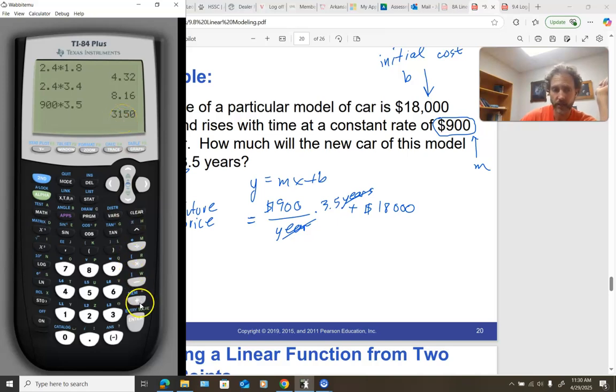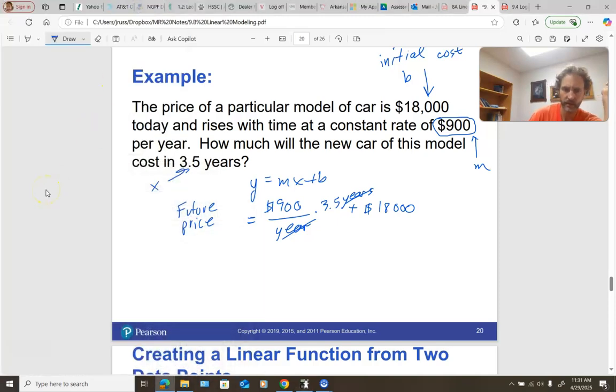But we need to add to this what the car cost initially to see what its final cost is going to be in 3.5 years. When I add that $18,000 to it, I get $21,150. Okay. So all of this equals $21,150. Okay, so that's the price of the car after 3.5 years.